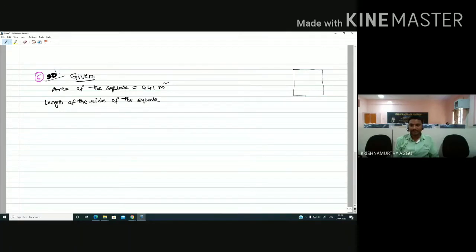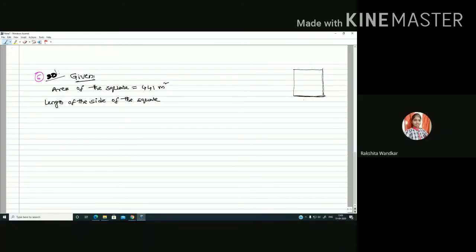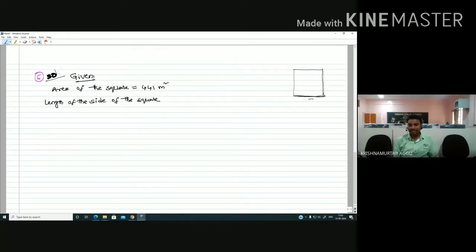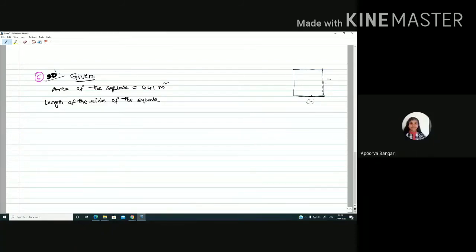When you are drawing a square, this is a side. This is a side. How many sides are there like this? Four sides, sir. So you represent the side with S. If this is S, this is also S. All sides are equal in length.